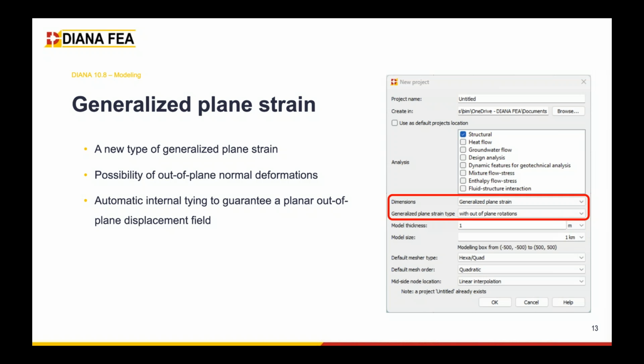And because of compatibility requirements, these out-of-plane deformations must remain planar, and this is guaranteed by an automatic internal tying. And you can define a model to be this type of generalized plane strain when you make a new project, as you can see on the right-hand side.